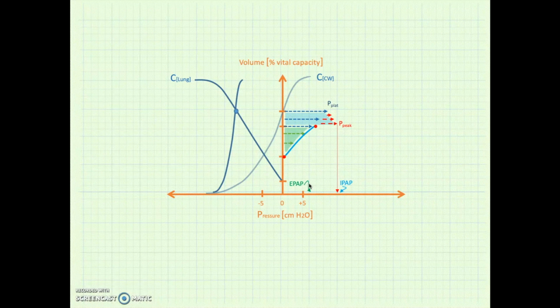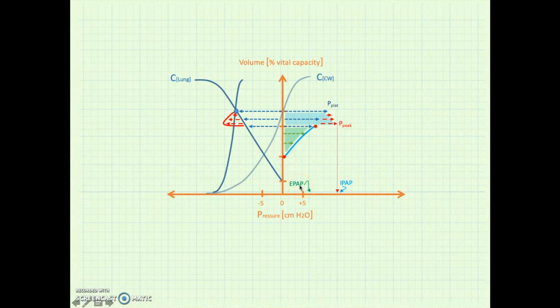Now you can see, had you just applied IPAP but no EPAP, the IPAP only kicks in when the patient triggers the breath. So the patient would have to overcome this threshold load here, this area that's absent, which is roughly equivalent to this green shade here, that is offset by the EPAP.